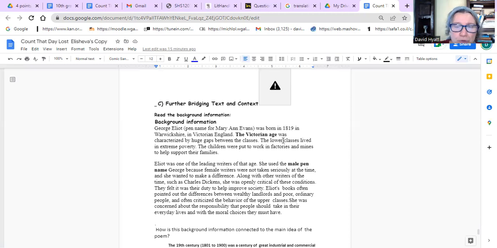The children were put to work in factories and mines to help support their families. הילדים היו צריכים לעבוד בבתי חרושת, factories and mines, מכרות. To help support their families, כדי לעזור למשפחות שלהם, שכולם עובדים מגיל הרך, אוקיי? מגיל 4, 5.